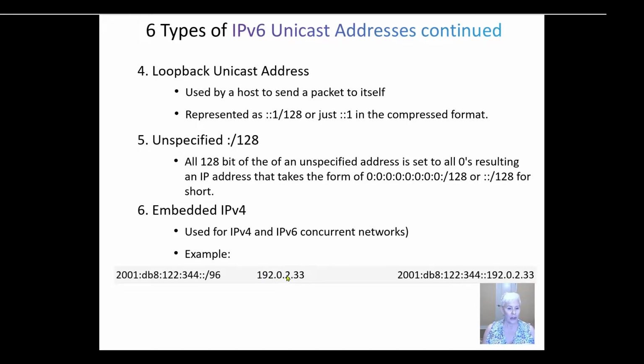Now, what we would be doing here is embedding this IPv4 address into the IPv6 address so that the PDU, so that the data can move through our network. Okay, those are the 6 types of unicast addresses: the global address, the link local, the unique local, the loopback, unspecified, and the embedded IPv4 address.